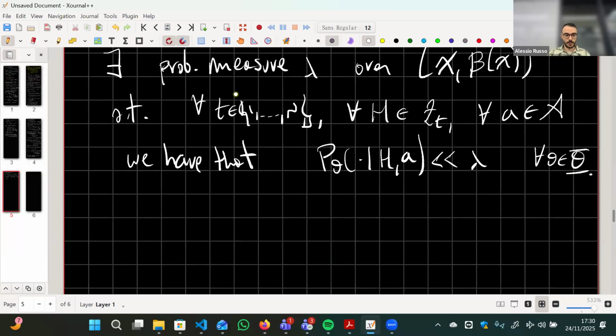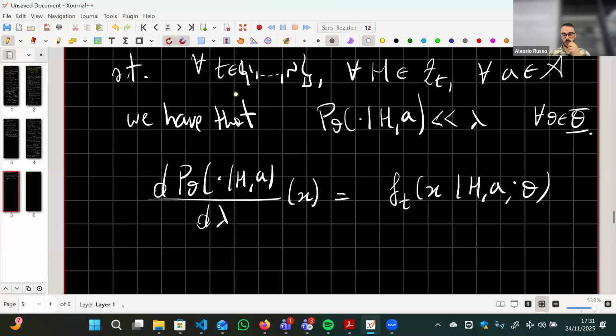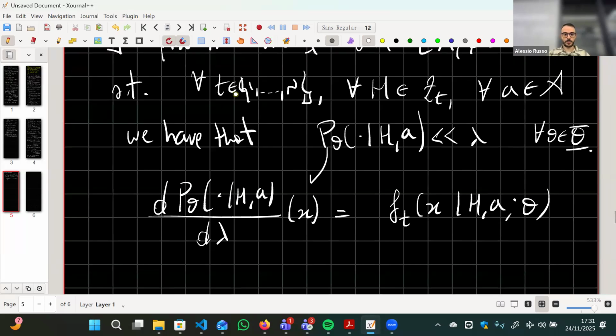So let me write it down. The Radon-Nikodym derivative we are simply gonna call f of ft of x given ha, semicolon theta. The absolute continuity implies that this Radon-Nikodym derivative exists, and we are simply gonna call it f.